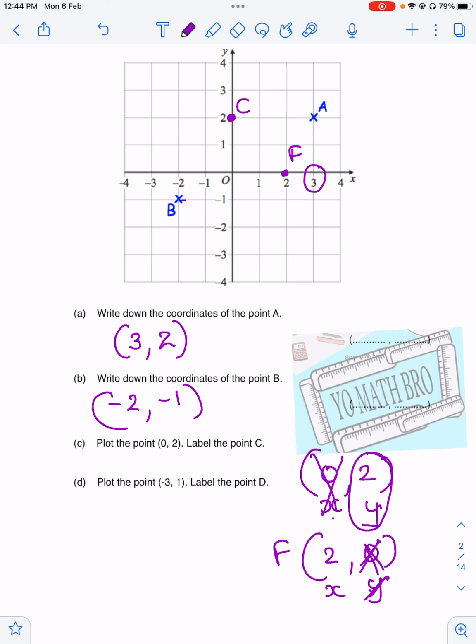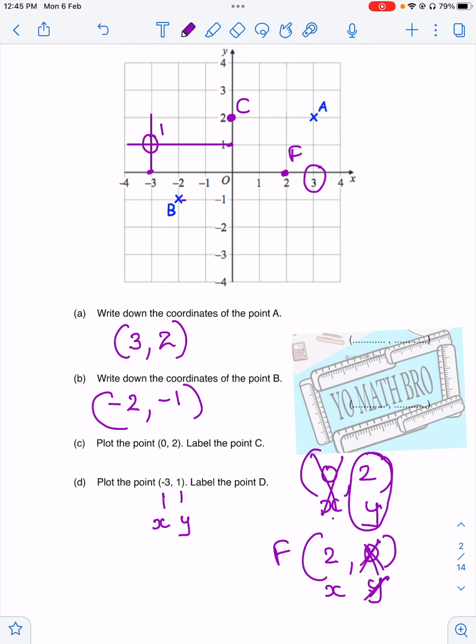Let us come to the D part. Plot the point -3, 1. Label the point D. So the first step is to write x, y, and label it as the point D. So -3 on the x-axis is somewhere here and 1 on the y-axis is somewhere here. So if I join it, they join somewhere here.